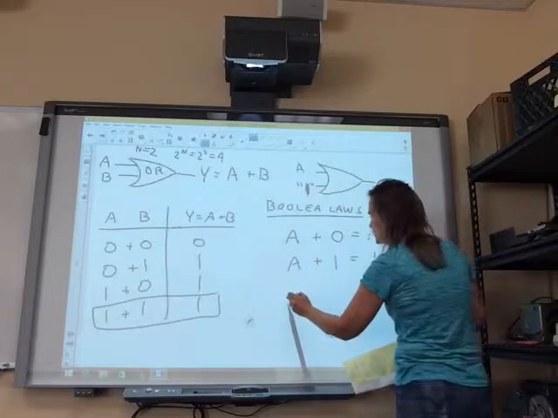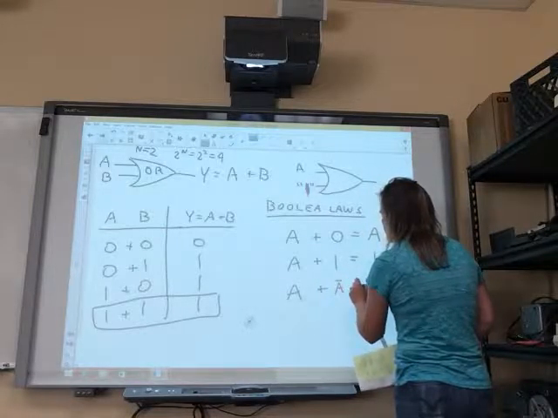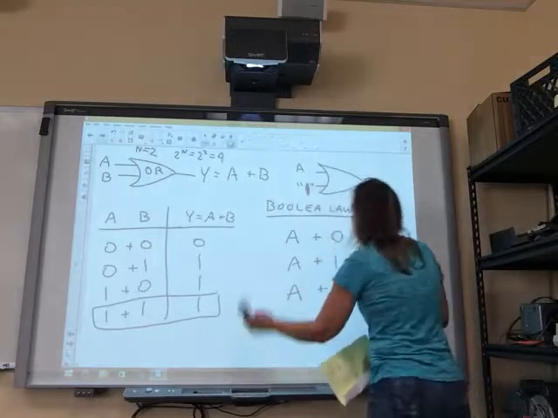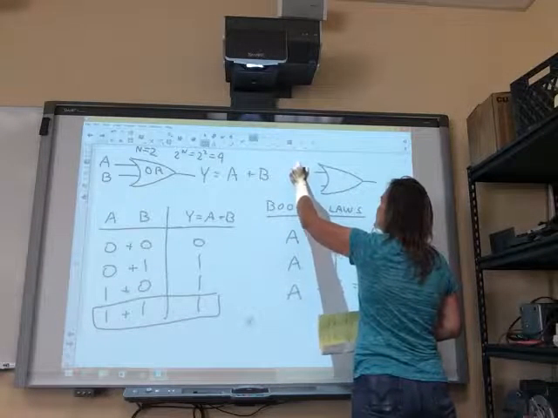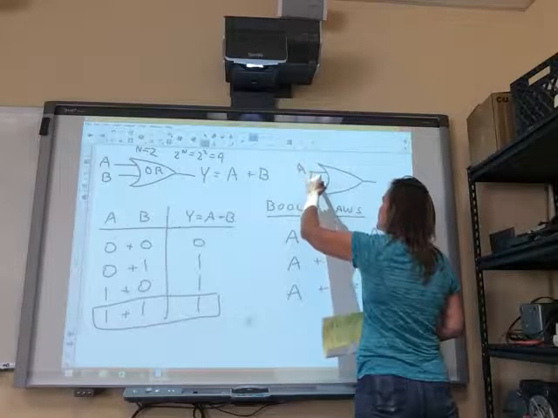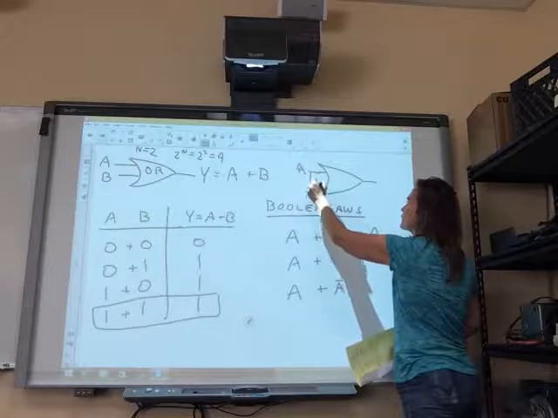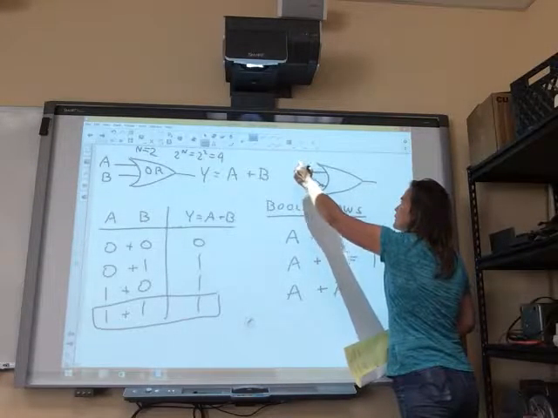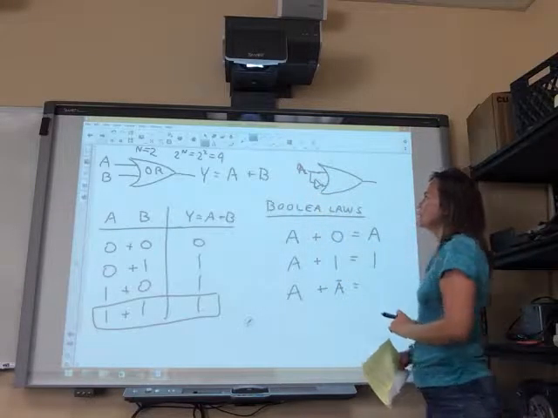And the next case we're going to look at is A or not A. So we're going to put our little inverter in there again so we can see it real easily. First input is A. Second one, we're going to bring it down and invert the A.